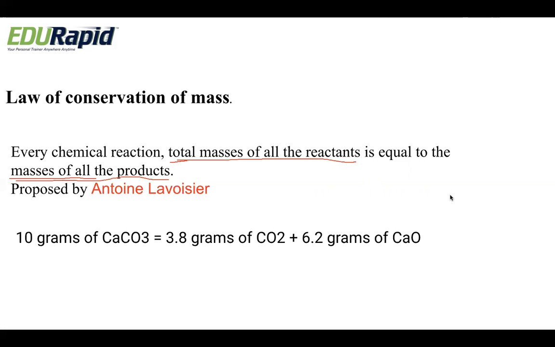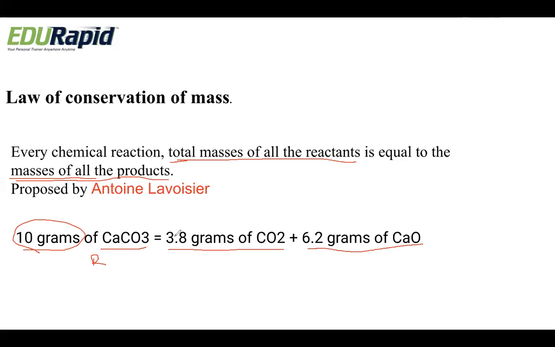Let us see with the help of an example. Below you have calcium carbonate, CaCO3. Here 10 grams of CaCO3 is the reactant, so the total mass of reactant is 10 grams. On the right-hand side we have 3.8 grams of carbon dioxide plus 6.2 grams of calcium oxide.